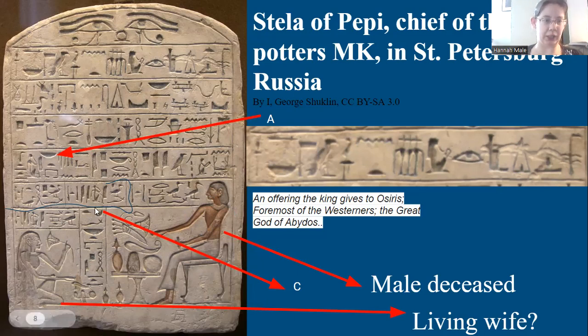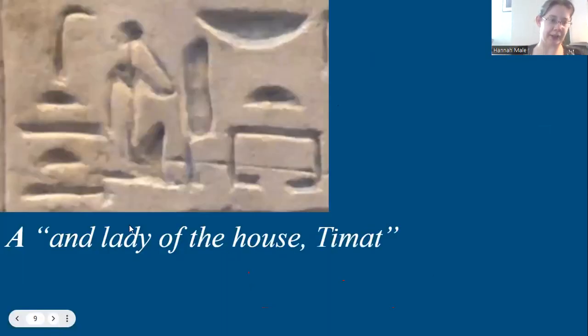So his wife, lady or mistress of the house, and then you have her name here. And then in these chunks, it gives you some of the couple's children, particularly their daughters. And so that's what I've zoomed in on for these next few slides.